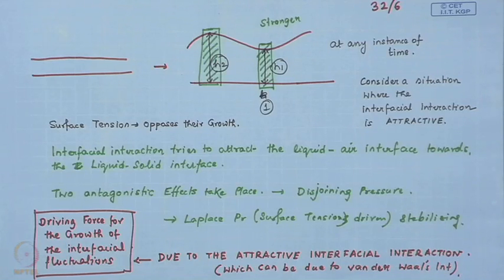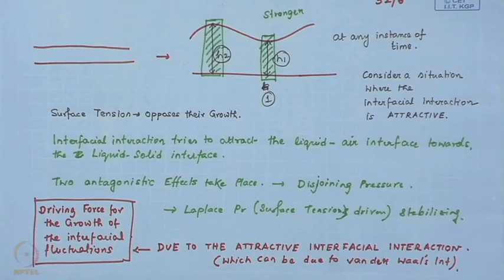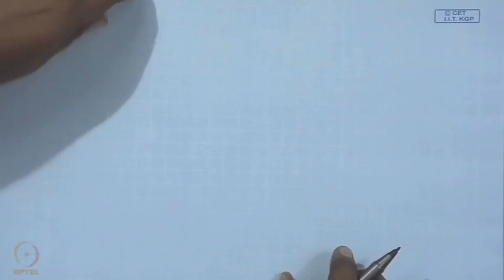Okay. So, now you have again a competition between the stabilizing influence of Laplace pressure or surface tension and the destabilizing influence of the attractive interfacial interaction. And if your stabilizing influence is stronger, even in presence of this attractive interfacial interaction, the film will remain flat.